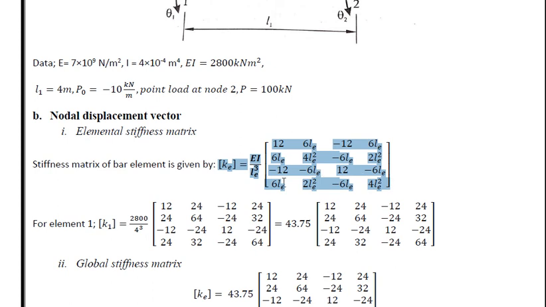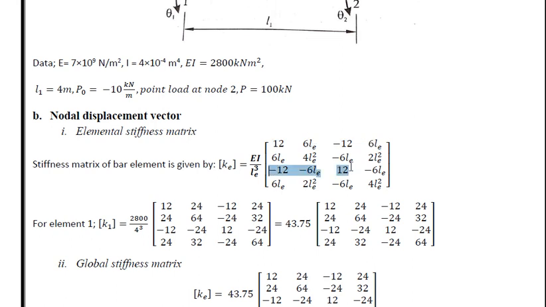Now, what is the equation for stiffness matrix? It is EI by Le cube. E into I is area moment of inertia, which is given. Le cube, length of the element, 12, 6Le, minus 12, 6Le; 6Le, 4Le square, minus 6Le, 2Le square, and so on. You can observe here the first row and the first column are similar.